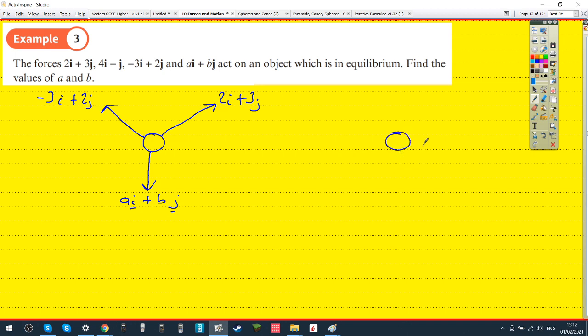And you can break it down to just its i and j. So any idea?